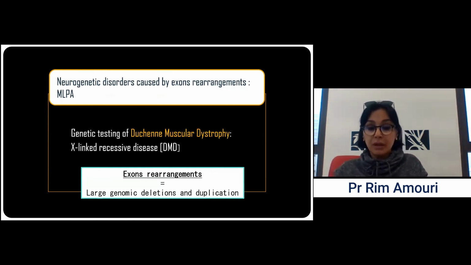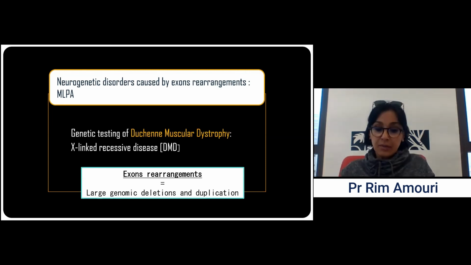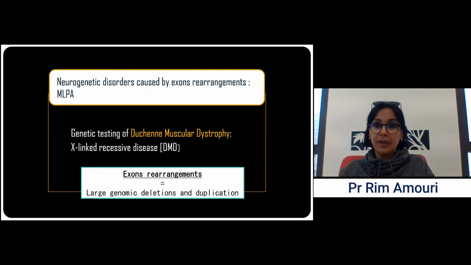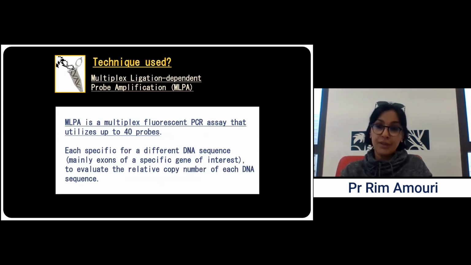Other than disorders caused by point mutations, as the ones I just presented, we have disorders caused by exon rearrangements, which are large genomic deletions or duplications. And one of these diseases is Duchenne muscular dystrophy. The technique used is no more direct sequencing, but MLPA, which stands for Multiplex Ligation-dependent Probe Amplification.